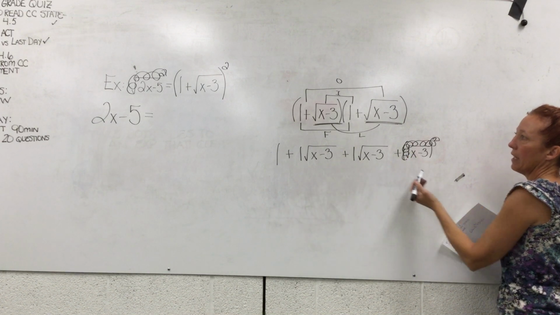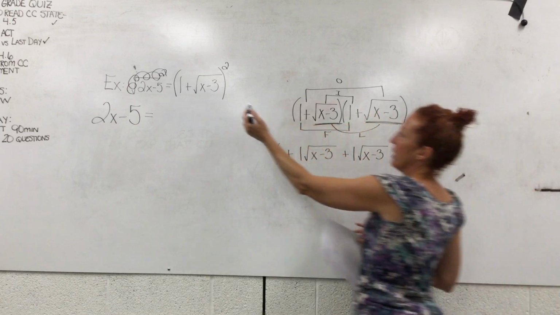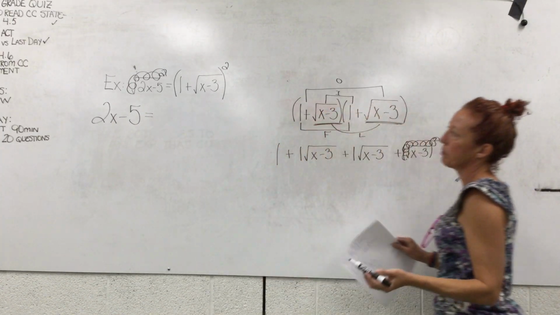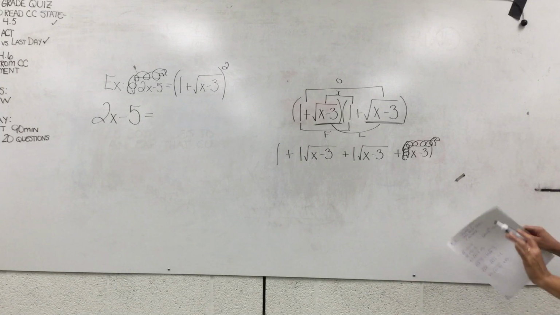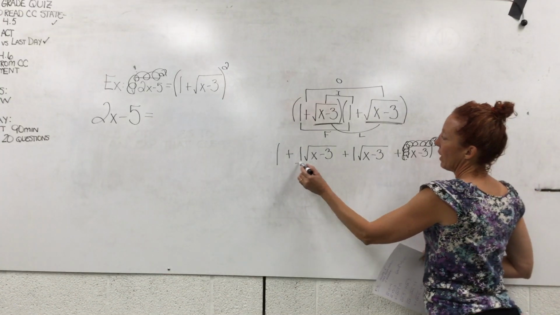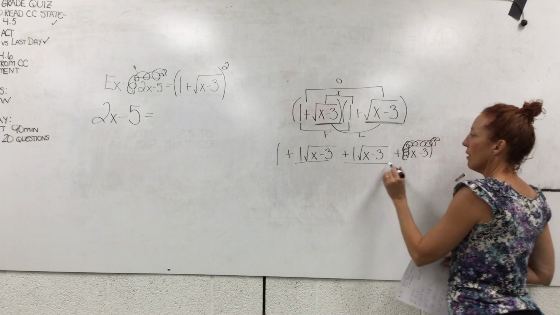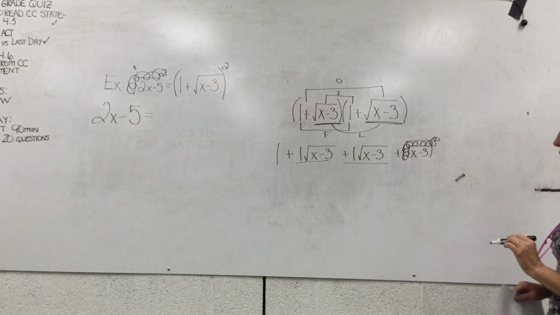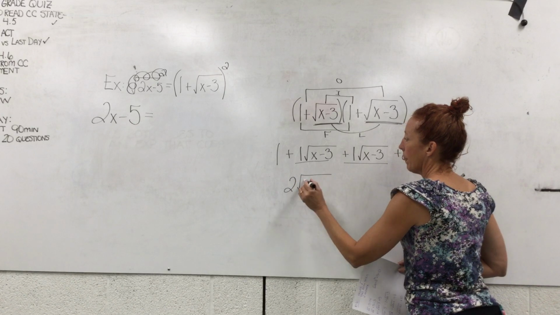So here is my next step after foiling this piece right here. This is almost the hardest part of the whole deal, which is why I'm kind of just going slow with it. Now we're going to gather our like terms. So we have 1 radical x minus 3 and another 1 radical x minus 3. So I have 2 of them.